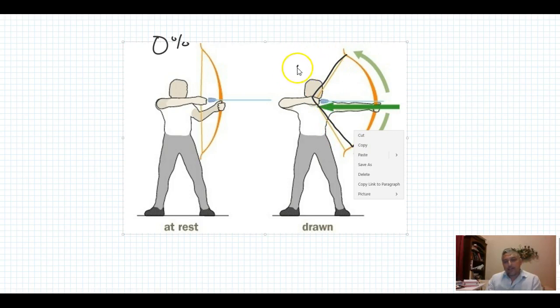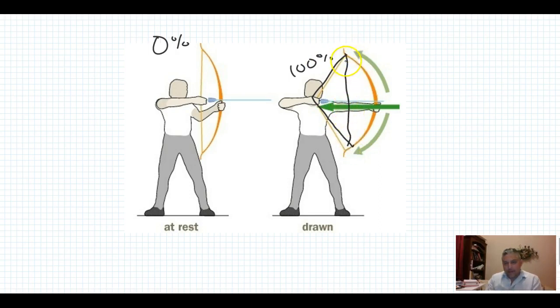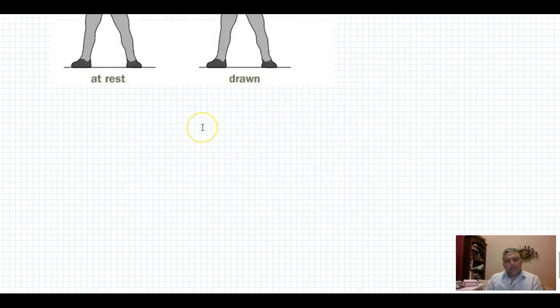If it's the maximum you can pull it, this will be 100%. And if this is 0 right here, and this is 100%, then somewhere over here will be 50 and so forth. I think that's all. That is all for potential energy.